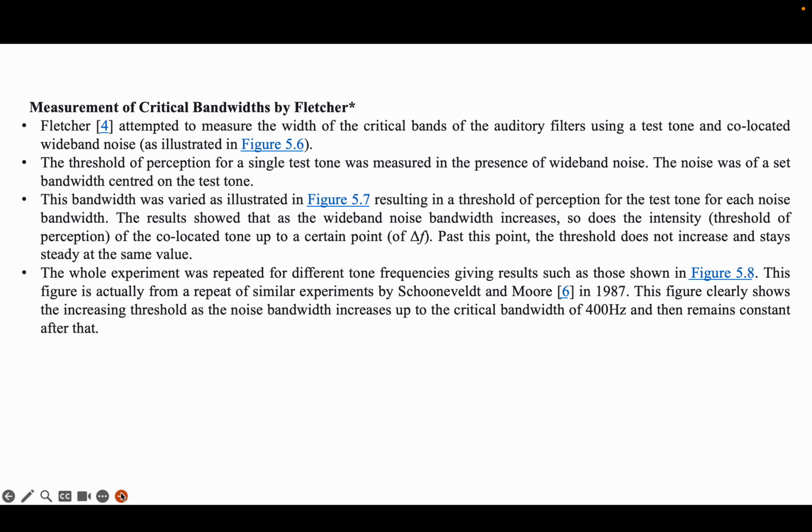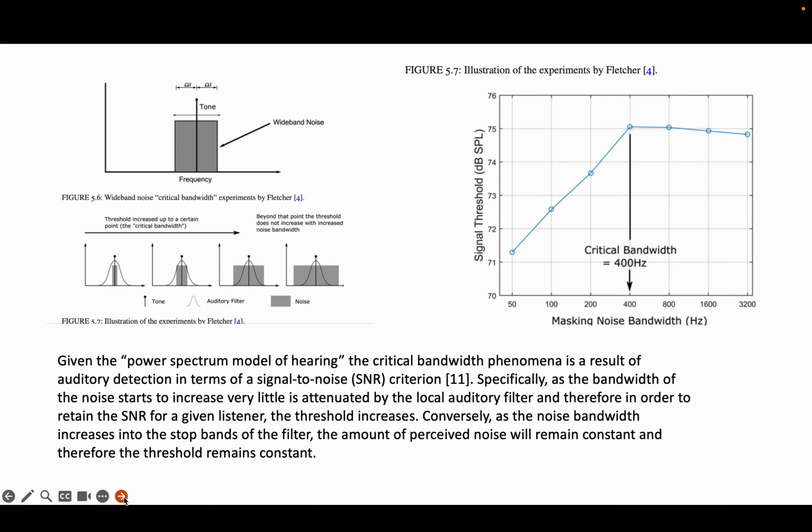If you increase the bandwidth of the frequency band of the noise, then you are more likely to cover up or mask the test tone, which means that you have to raise the intensity of the test tone even more. So that's what they're saying: the threshold intensity has to be raised as the frequency bandwidth increases.